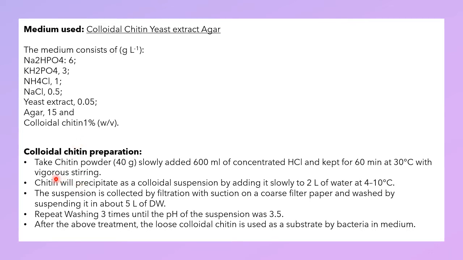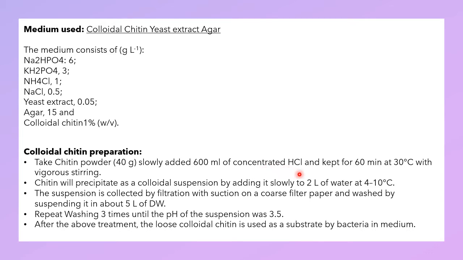If you are new and don't know about colloidal chitin, then just follow this procedure. You take chitin powder, say 40 grams, and slowly add 600 ml of concentrated HCl. This enhances the dissolution. It is very important to use acid for the preparation of colloidal chitin.